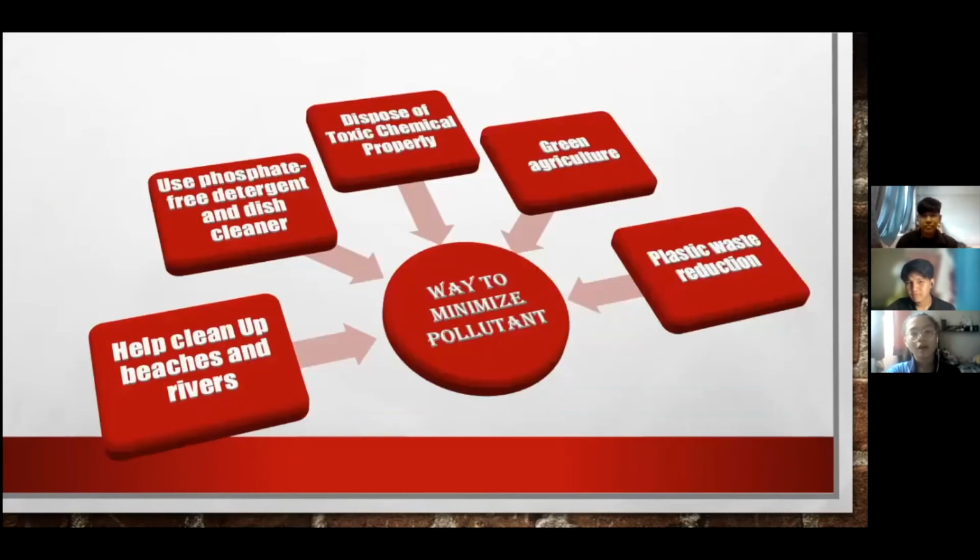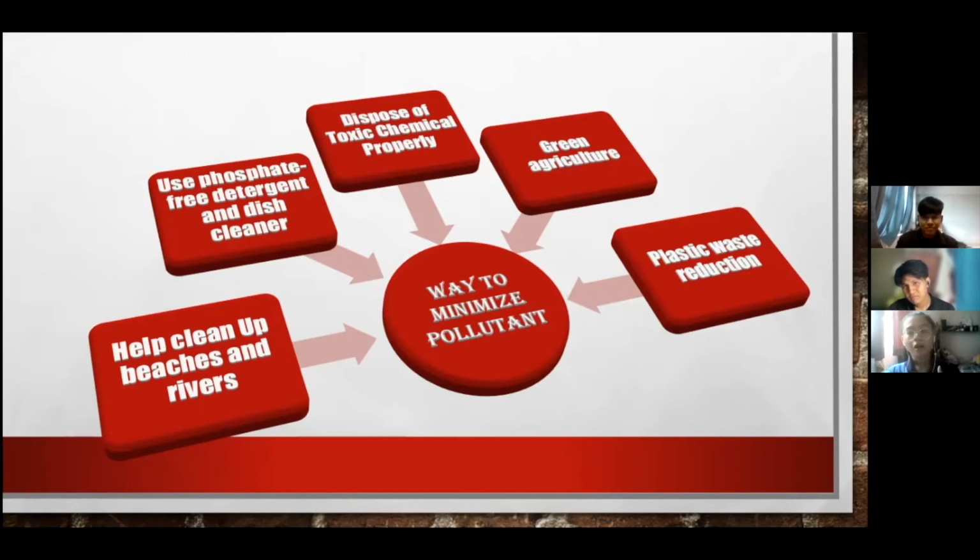Okay, for how we can minimize this pollutant, the first one is to help clean up beaches and rivers. We can support charities that are devoted to protecting the water, such as Pencinta Alam Sekitar, and so on.